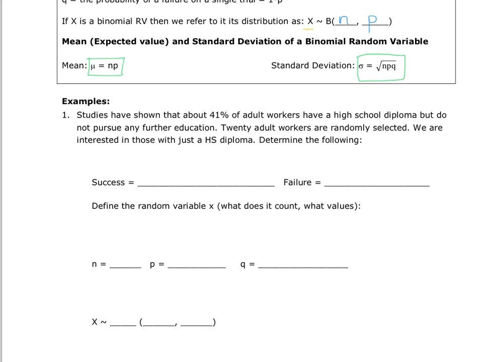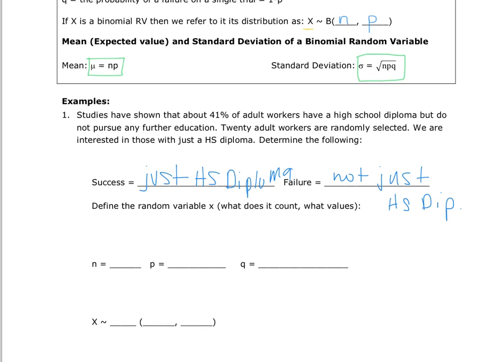So if we want to identify what the success is here, it would be that you ask an individual and they respond that they have just a high school diploma. And the failure is that it's not just that. Okay, so let's define the random variable.